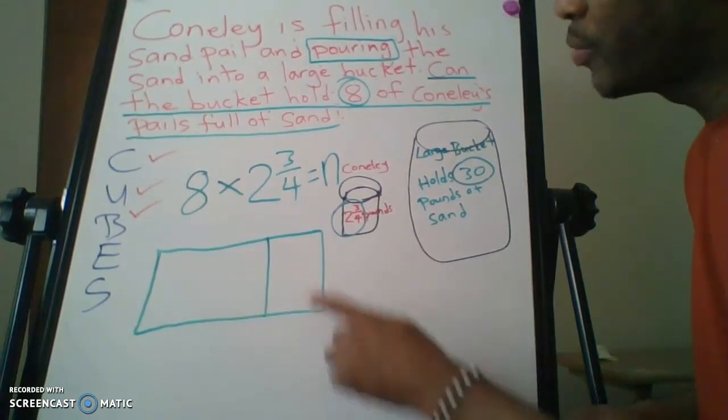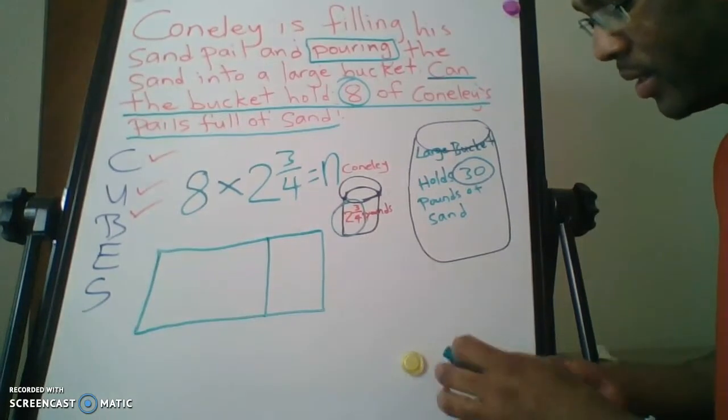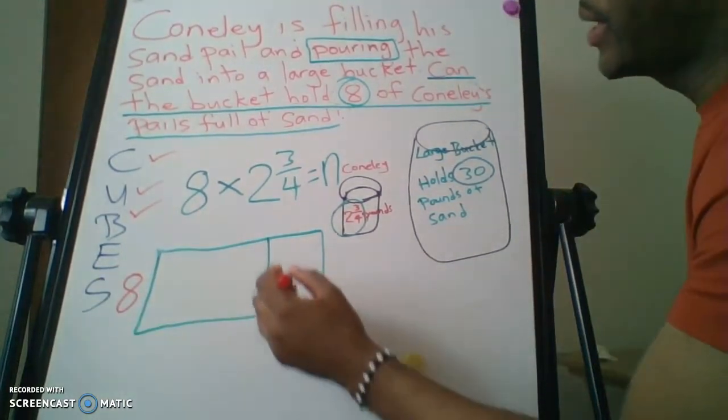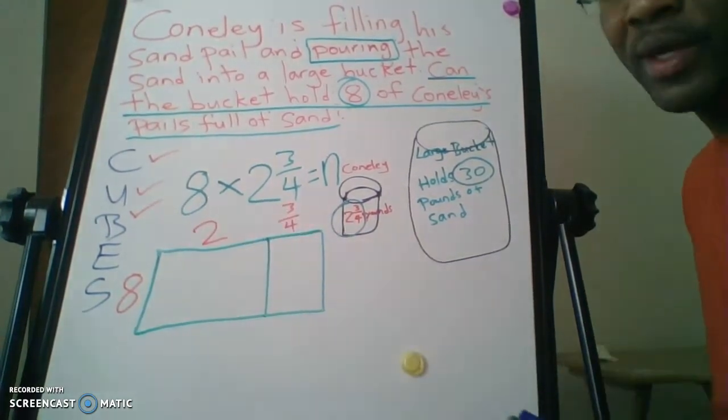It really doesn't make sense to break it apart. But the fraction, a mixed number, I am going to break it apart. So here, I'm not breaking the 8 apart. Here, I'm breaking the 2 3/4 apart.